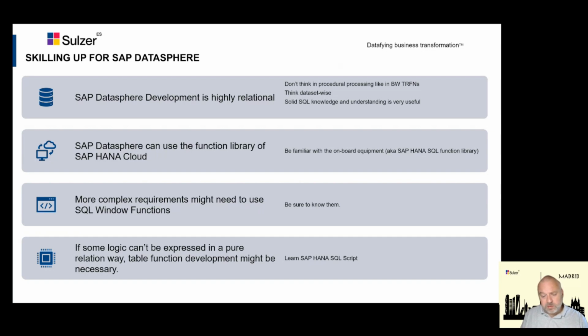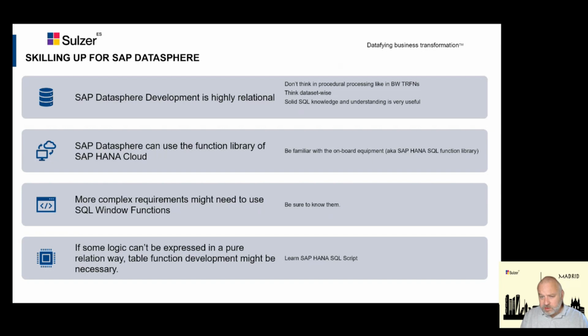And the more SQL understanding you have, especially of these relational operators, the easier it will be for you to develop also complex logic and data transformation logic in Datasphere.